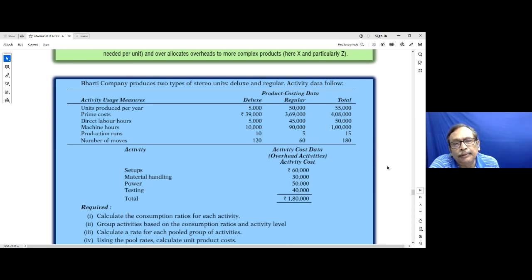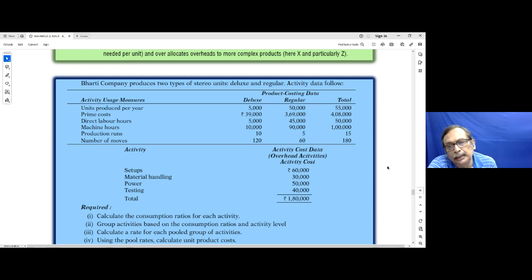Bharti company produces two types of stereo units, deluxe and regular. Activity data are given, activity usage measures, product costing data, deluxe, regular and total.